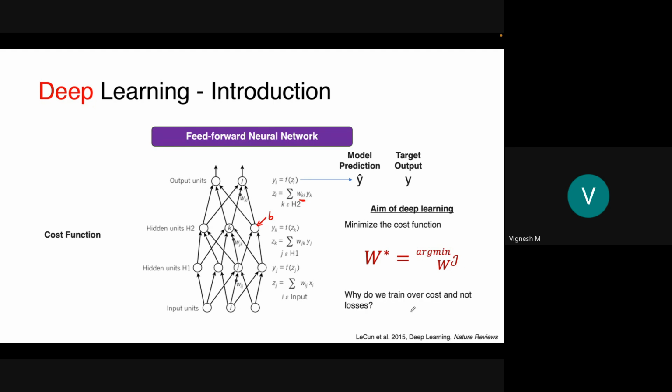So now tell me why would you want to train over the cost, or why would you want to optimize the parameters over the cost function and not the individual losses? Anybody?